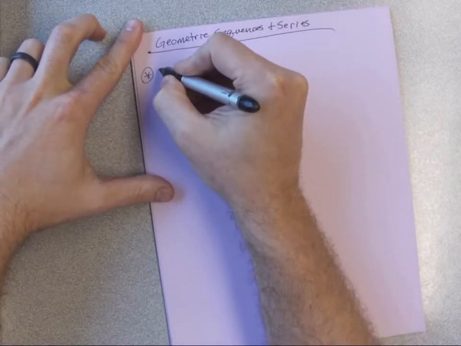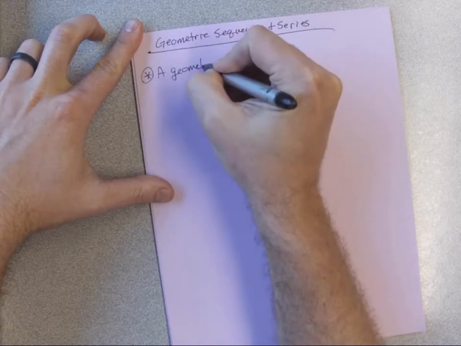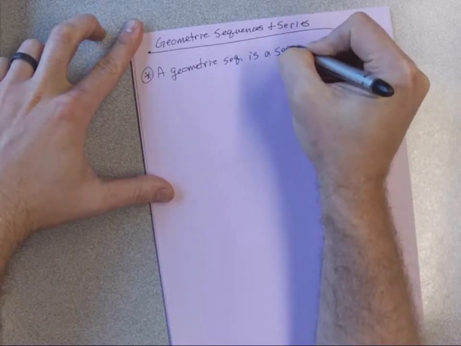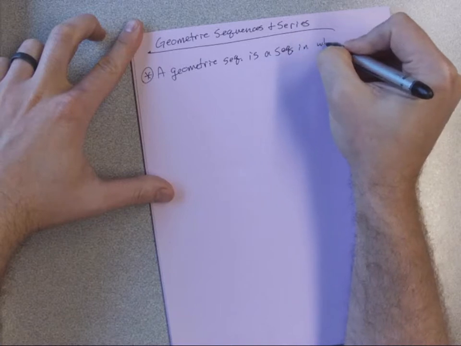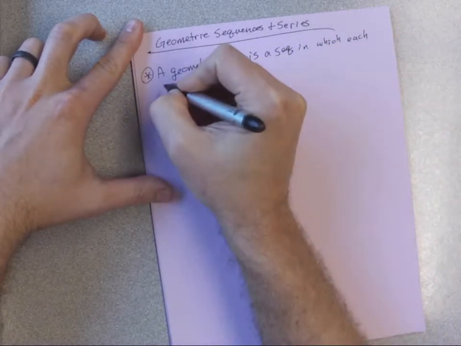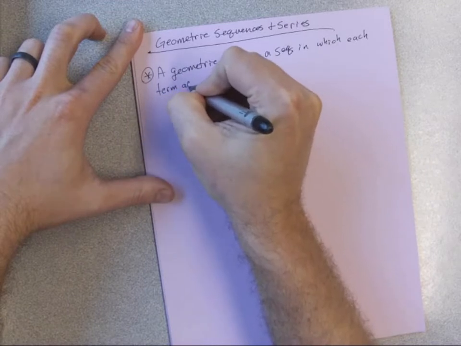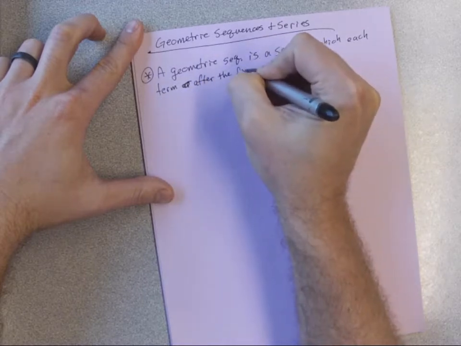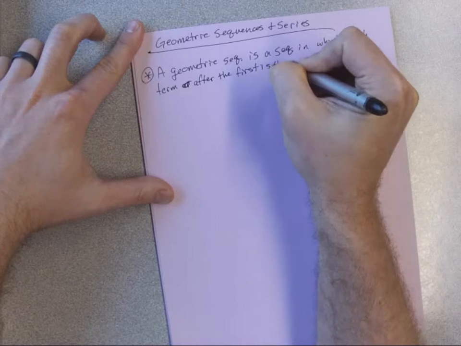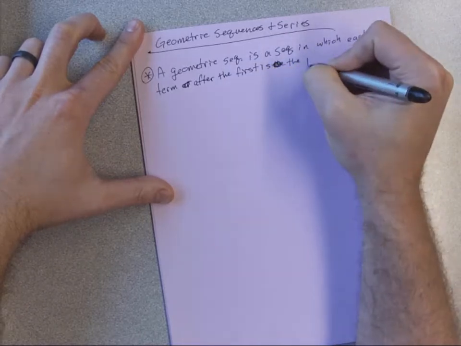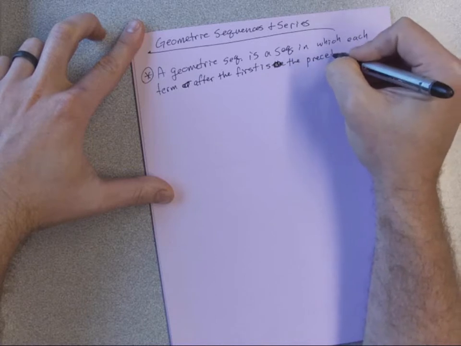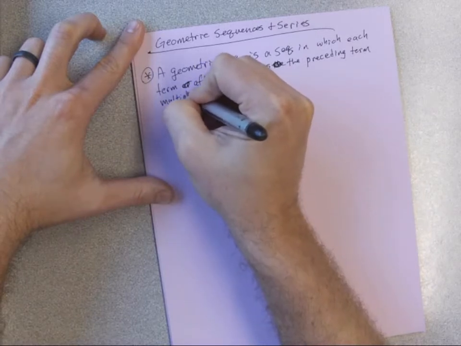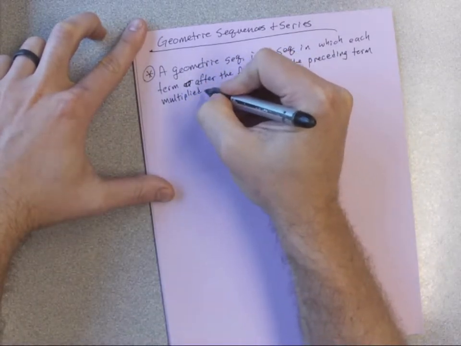A geometric sequence, I'm going to abbreviate sequence here, is a sequence in which each term after the first is the preceding term multiplied by a common ratio r.